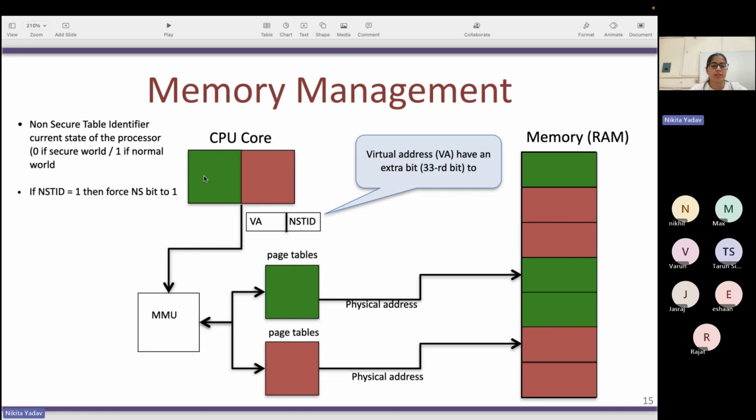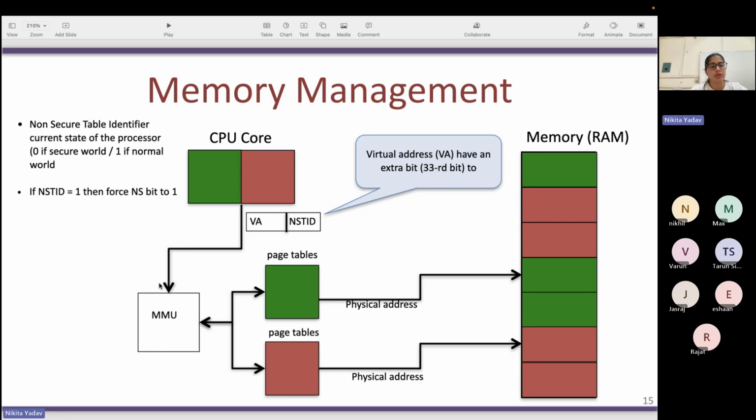So let's say if your processor is currently running in the normal world here, then you will pass value 1. So if NSTID equals 1, then it forces the NS bit to 1, and then this value is being passed here. Okay, so you're passing this value here.